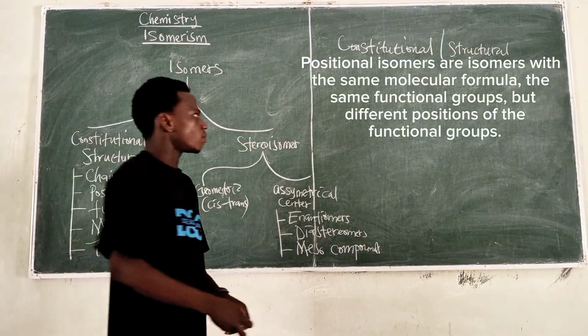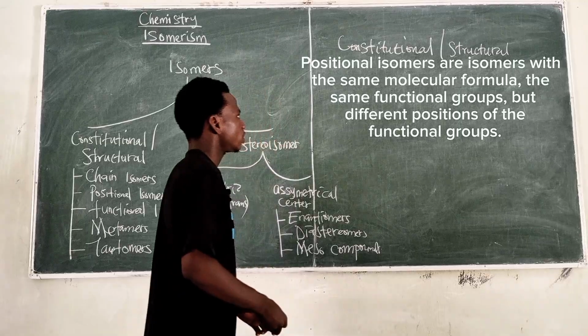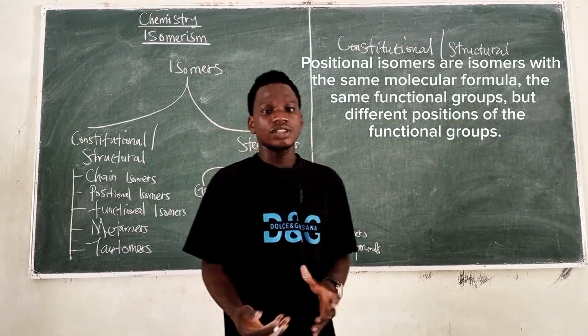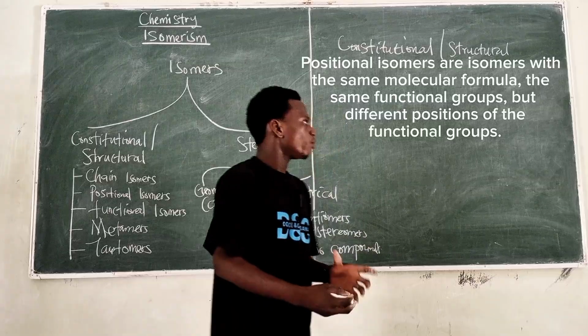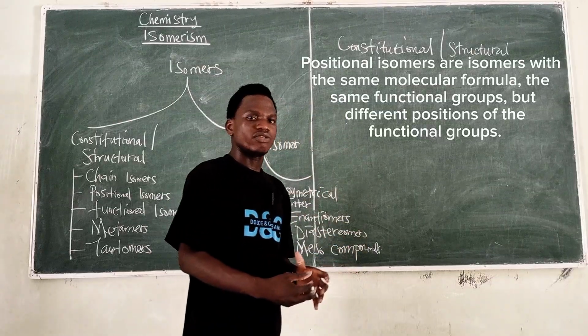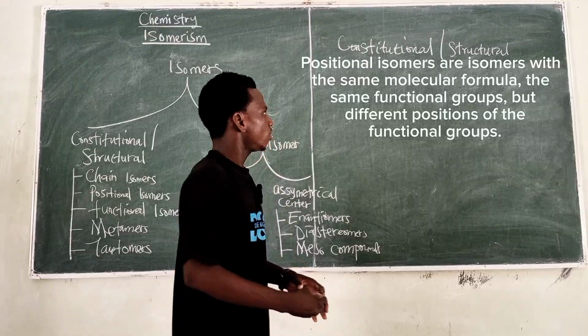So positional isomers are isomers with the same molecular formula, the same functional group, but different position of their functional groups.